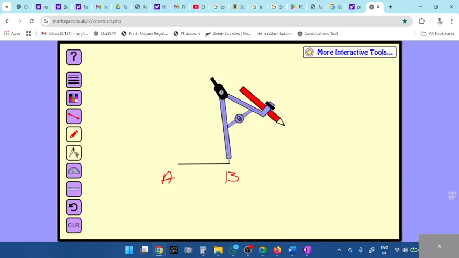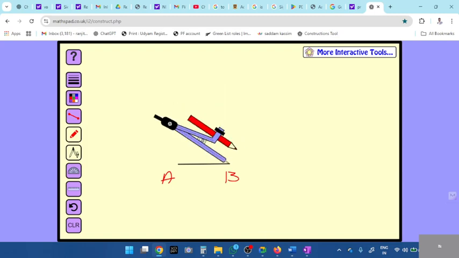Okay, what's the angle you have to draw? What angle did I tell you all, students? How many degrees? 120 degrees, right? Yes, construct 120.